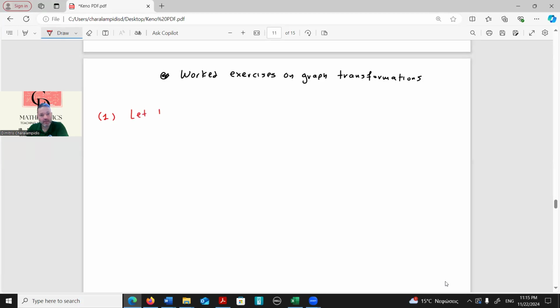Let the function f of x, where x goes from 0 up to 15, and the point with coordinates 4, -5 lies on the graph of f.